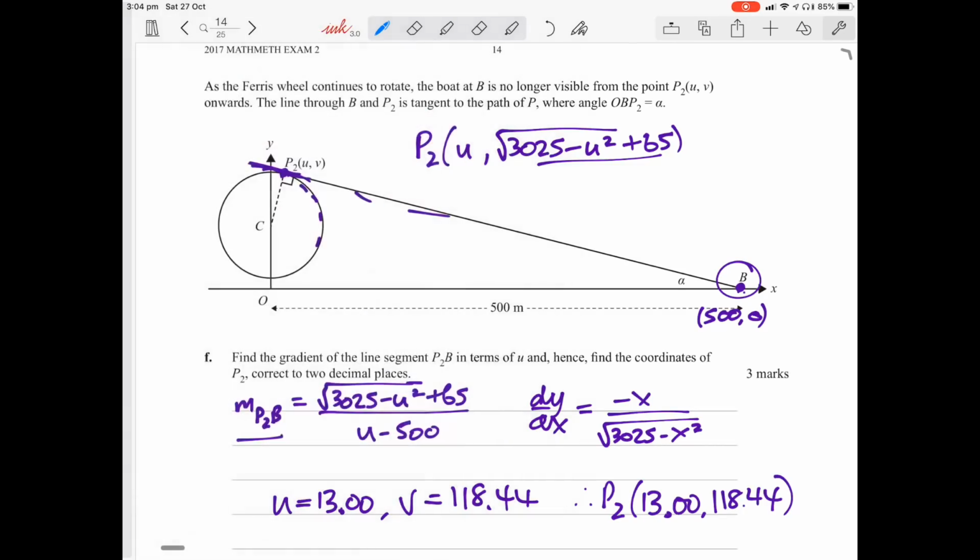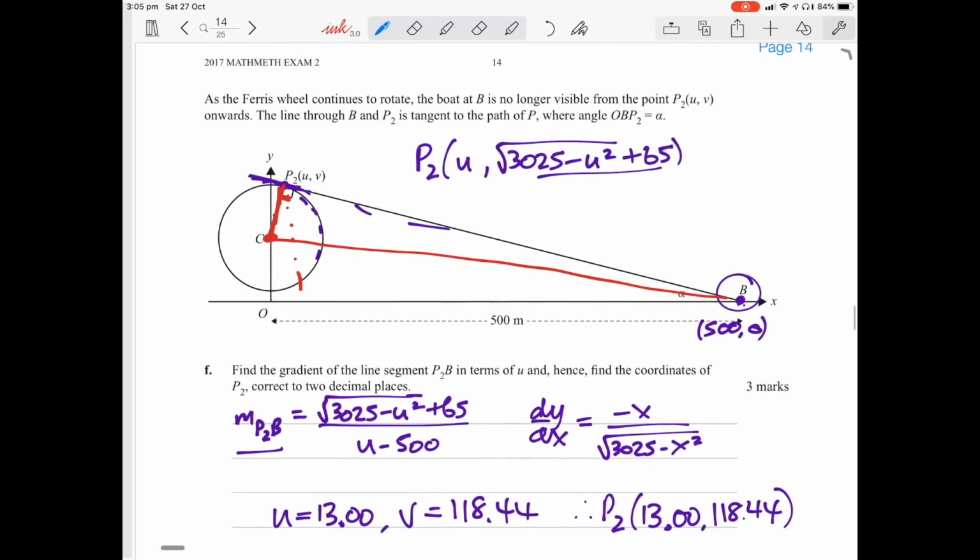I'm going to change colour just to see. So we can't use that because we don't know what that right angle is with this. But we know what that length is because it's the radius of the circle. Do we know what that is? Alpha is the full angle.